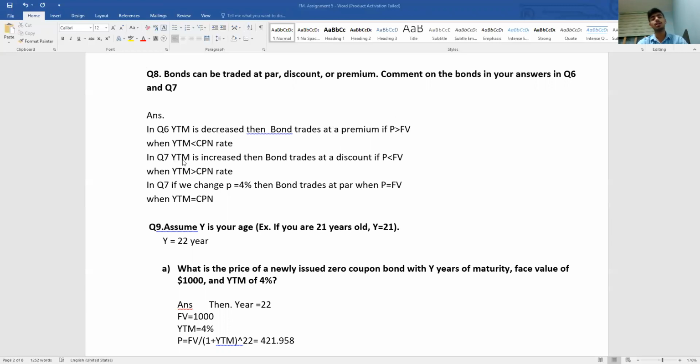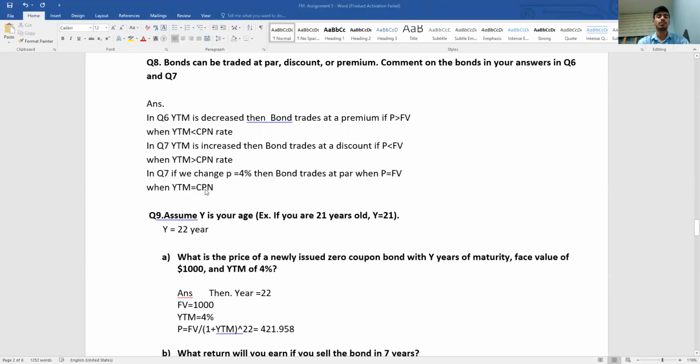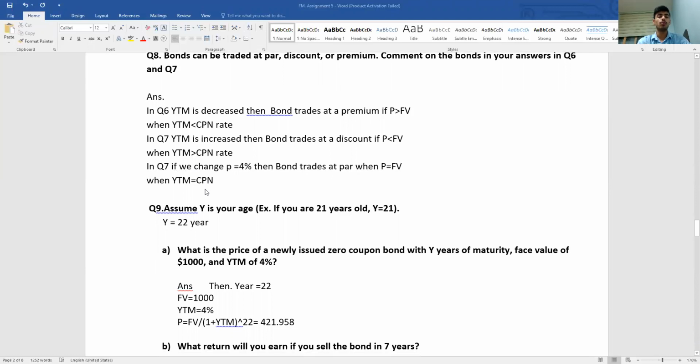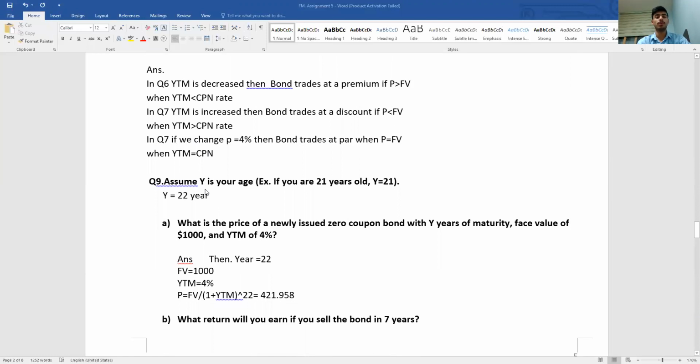In question number 7, yield to maturity rate increases, so the bond trades at a discount. Price is less than face value when yield to maturity is more than the coupon rate. In question number 7, if we change the yield to 4%, then the bond price is at par, price is equal to the face value, which means yield to maturity rate is equal to the coupon rate.